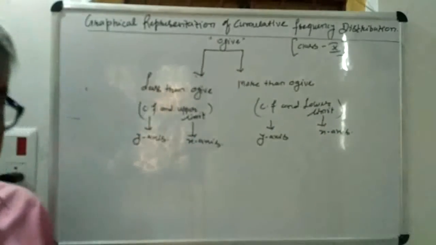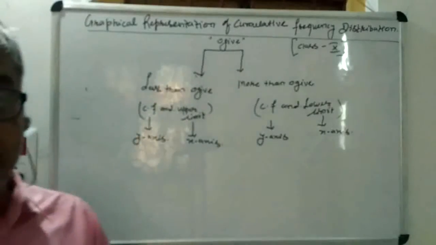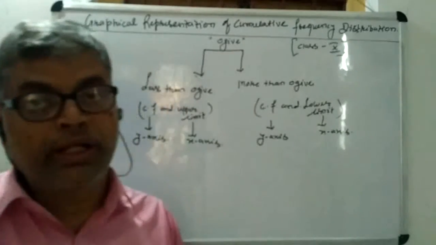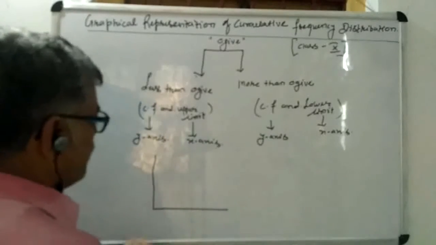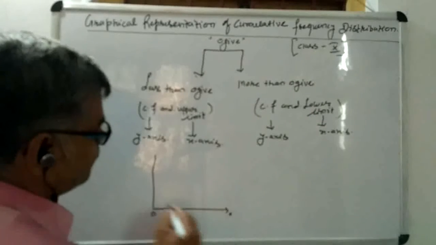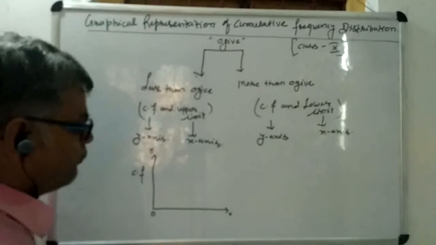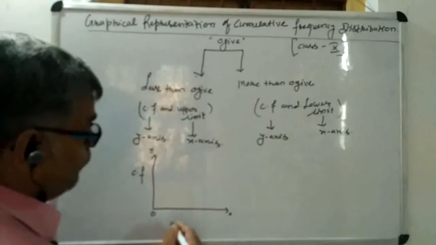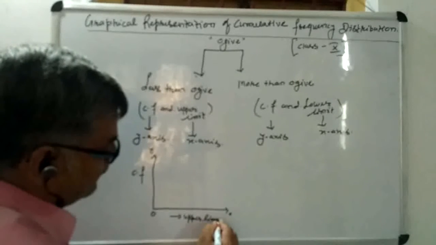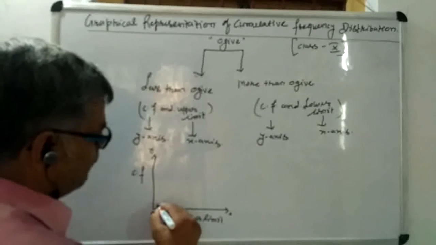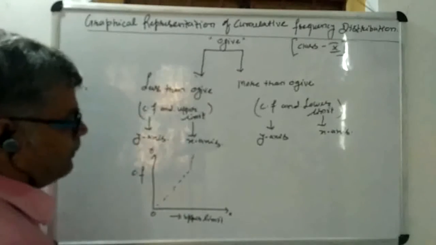These are the basic things you have to keep in mind when you draw a less than or more than ogive. A less than ogive is like this. These are the x-axis and y-axis. On the y-axis you write the cumulative frequency, and on the x-axis you write the upper limit, and your graph will be of this type.